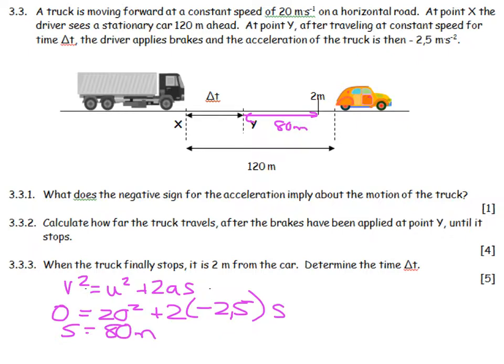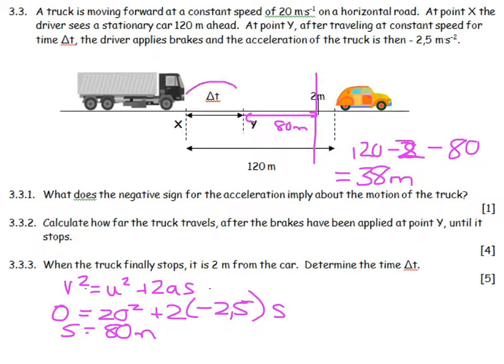When the truck finally stops, it is exactly 2 meters from the car. So what can we subtract? We can say we had 120. We know we didn't have 2 because we stopped before that. It took us 80 to slow down. So how many meters were left over? 38 meters.